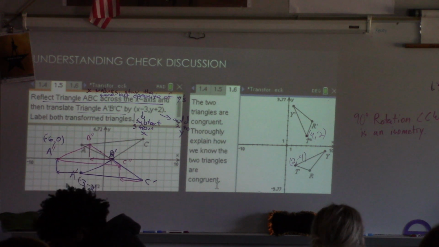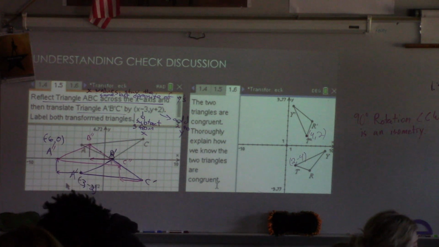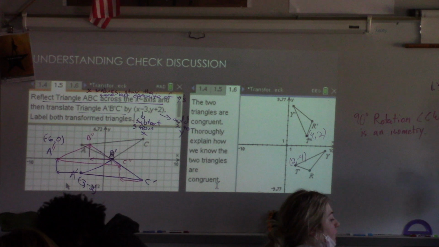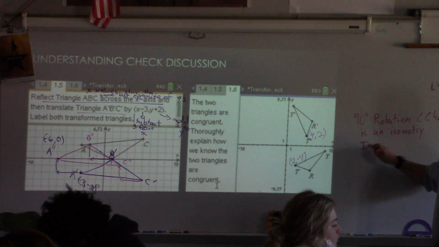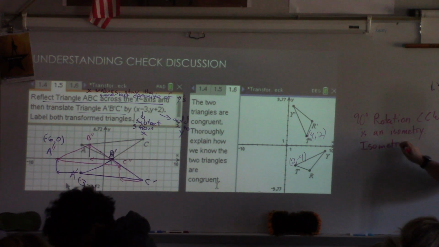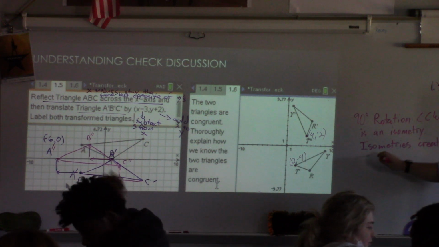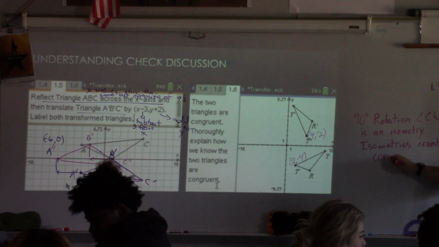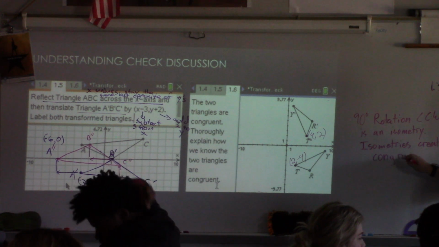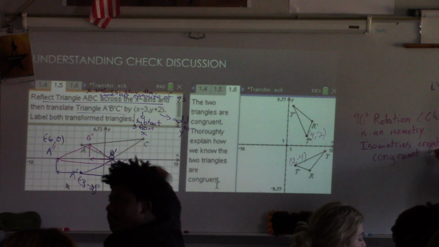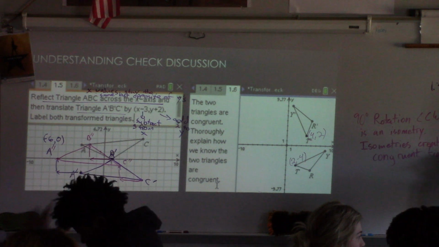Remember that isometry is also called a rigid transformation, and the whole point is isometries create congruent figures, or images.